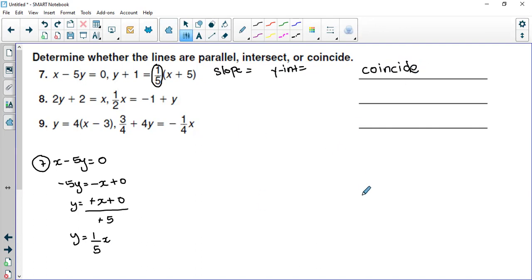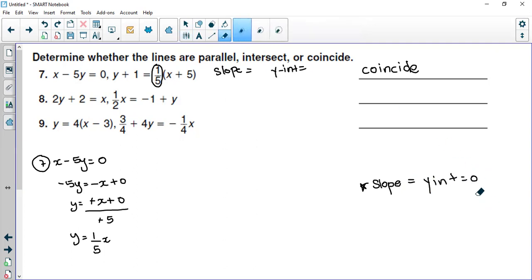So this is the first thing you need to learn. If the slopes are equal and the y-intercept is also equal, that means the lines are coinciding. Coincide means basically it's the same line they're talking about.